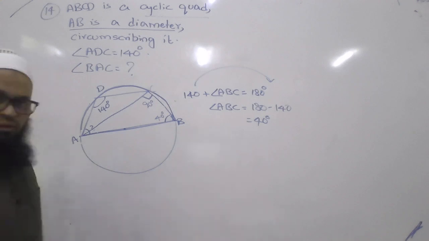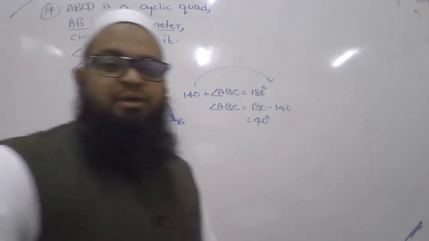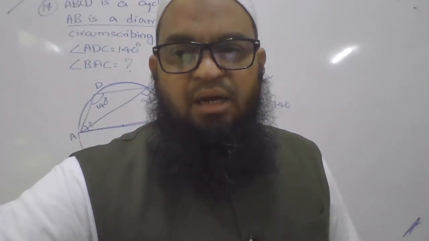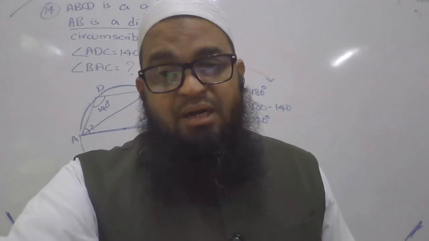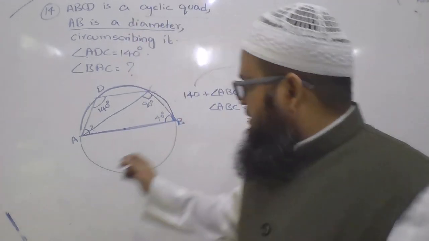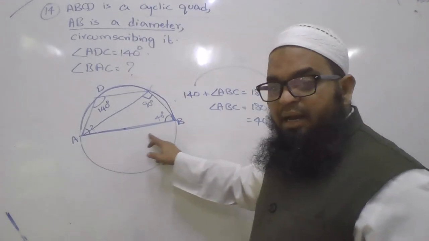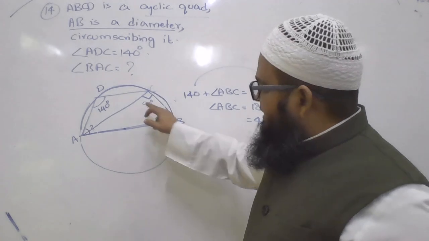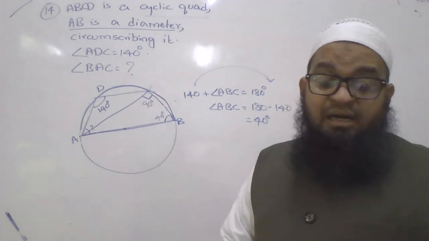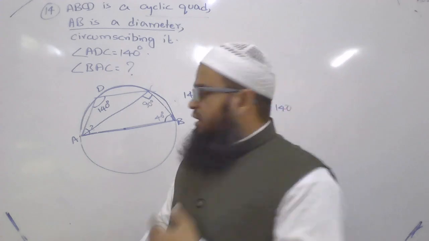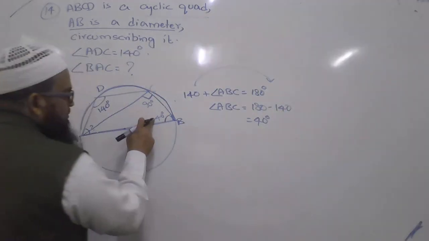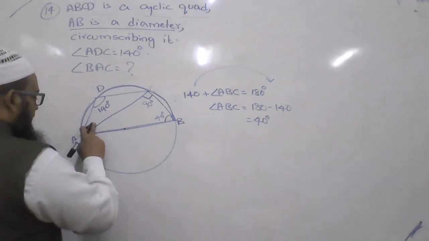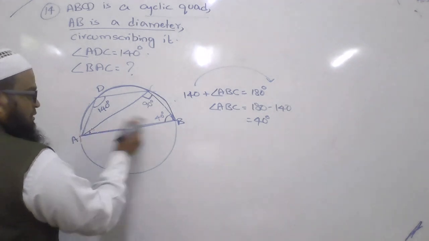We already know the concept: the angle subtended by a diameter in a semicircle is 90 degrees. We studied this in grade 9.